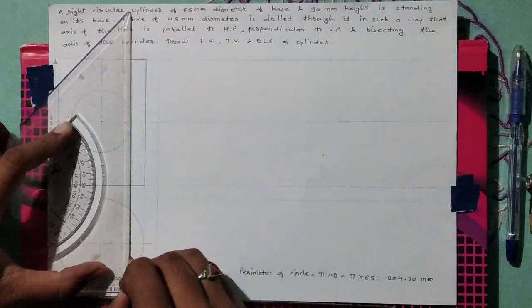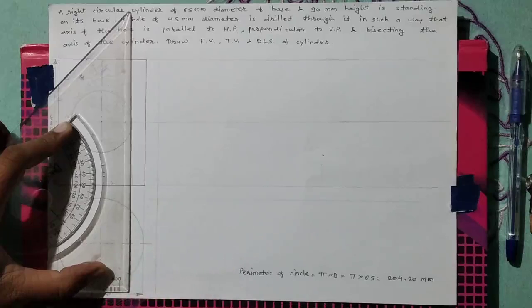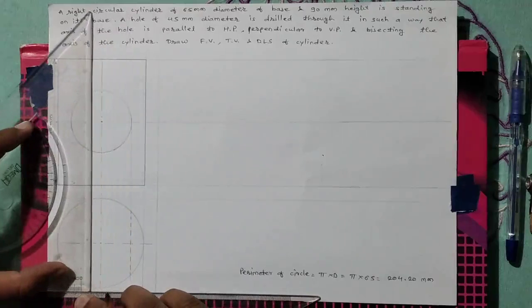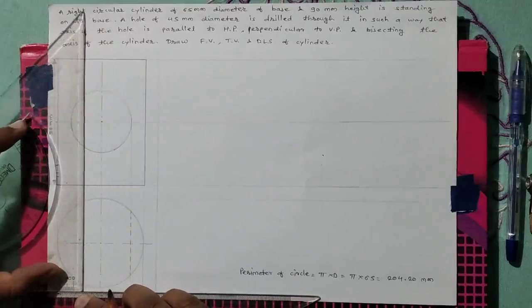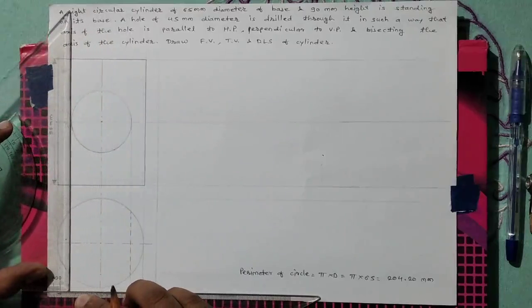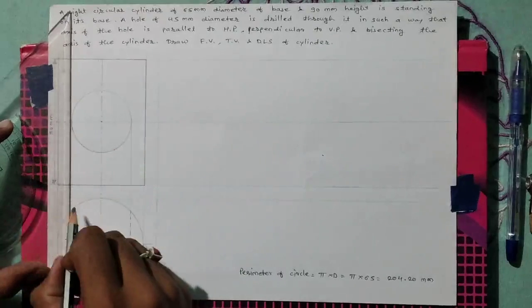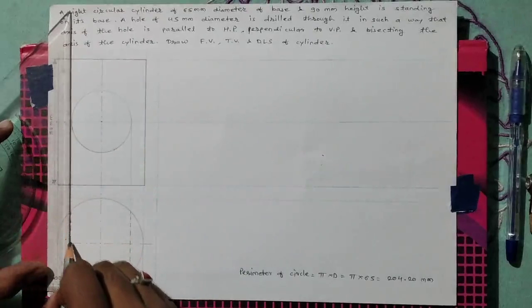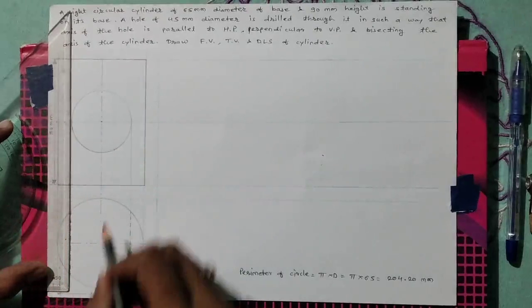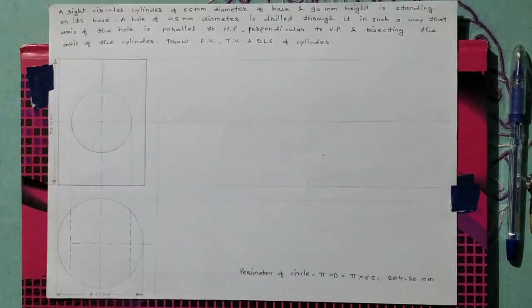This is the hidden part, and this hidden part of the hole will be viewed in the top view.